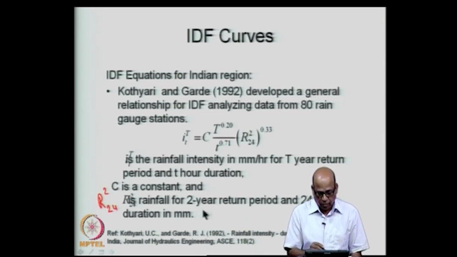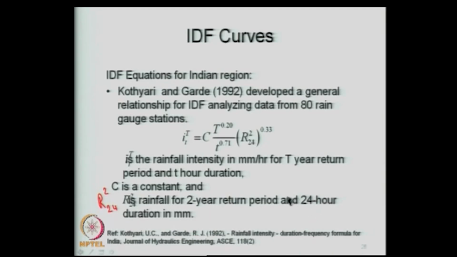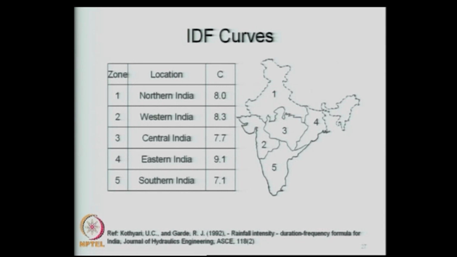Given 1-hour rainfall or given any duration rainfall, they have also explained how to obtain the 2-year return period and 24-hour duration rainfall in millimeters. So, we can use this and obtain I T T. And they have given the constant C.